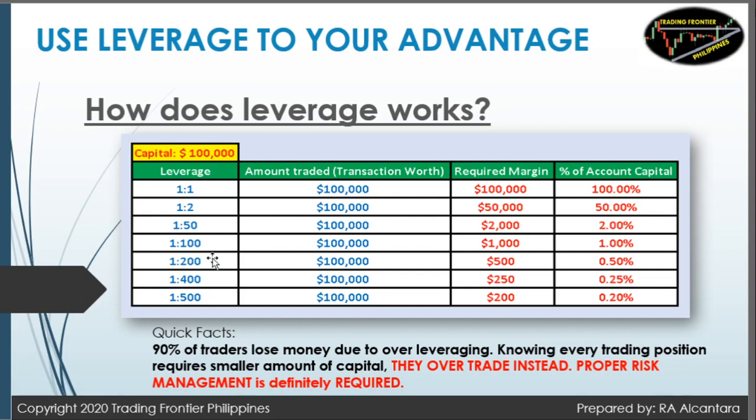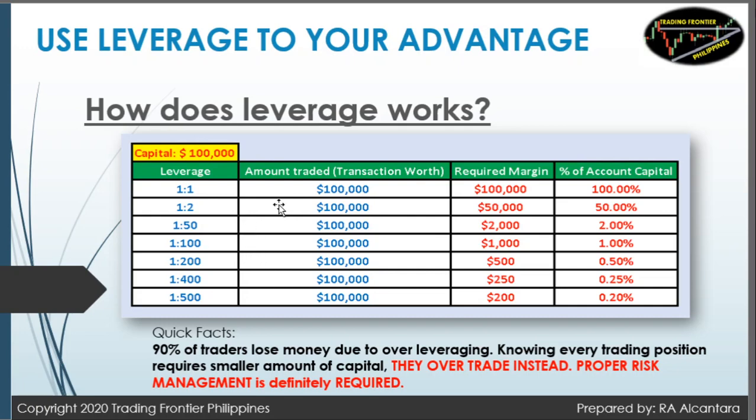So as we move on, for example, we go to 1 is to 50. In order for us to have a transaction worth or a position of $100,000, the margin required from a $100,000 capital is only $2,000, or that is only 2% of your capital.